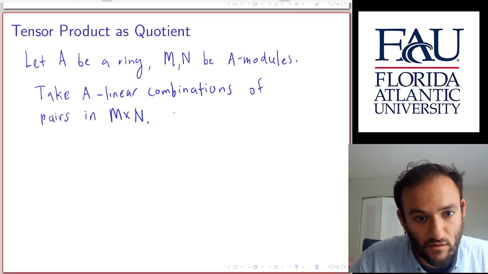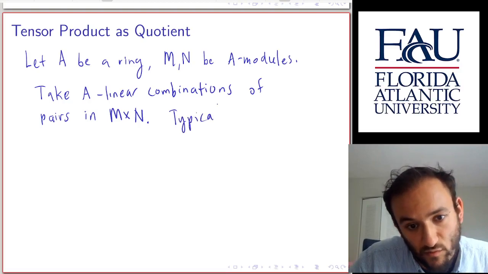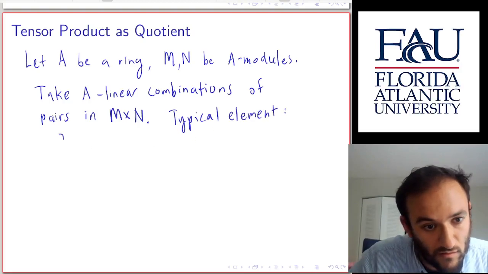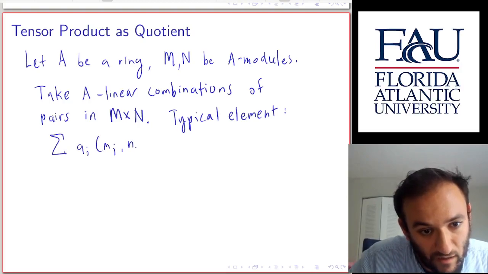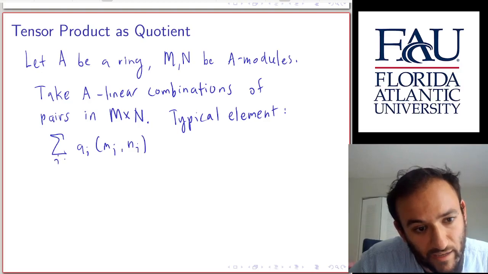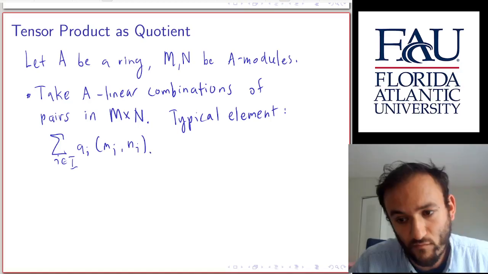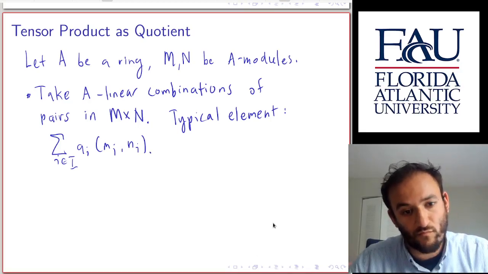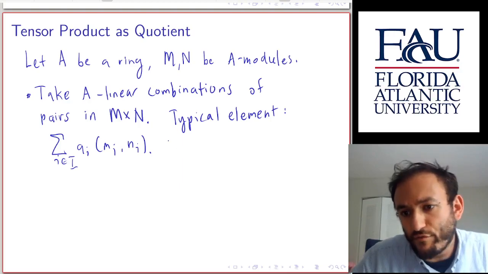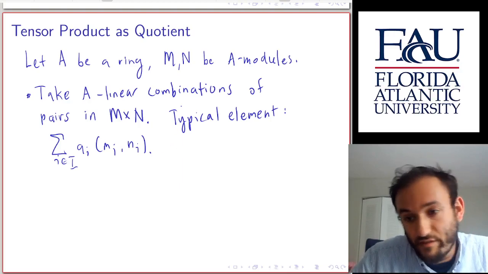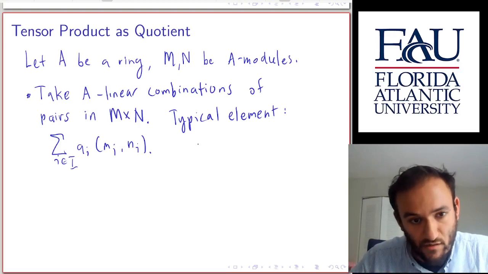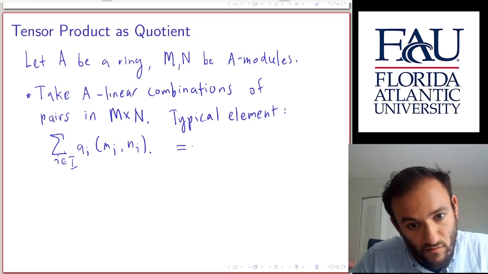So a typical element will be a sum of a_i (m_i, n_i), where i will range over some finite index set. This is called the free module on M cross N because you can take free A linear combinations. So this is denoted A to the M cross N.